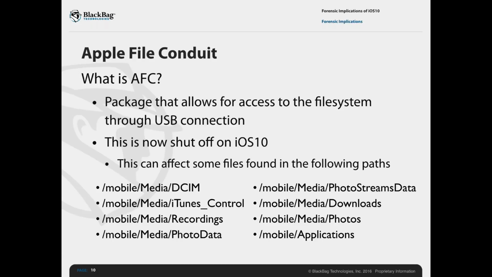Now, when I say that we're not able to gather data in some situations from, for example, mobile media DCIM, that doesn't mean you're not going to get pictures. You're still going to get all the pictures. Those are still available. But it means there are potentially files saved to that folder that we may not be able to access.